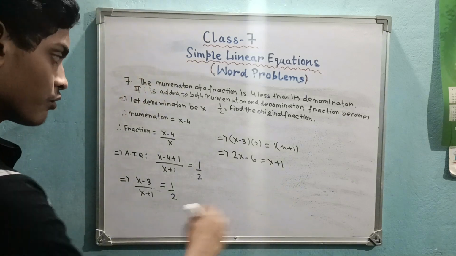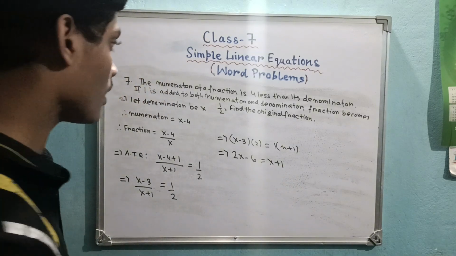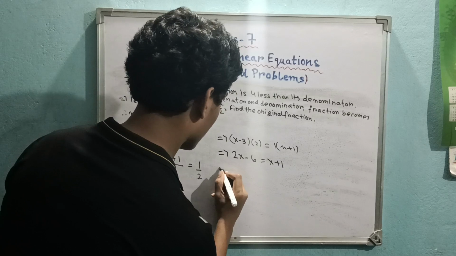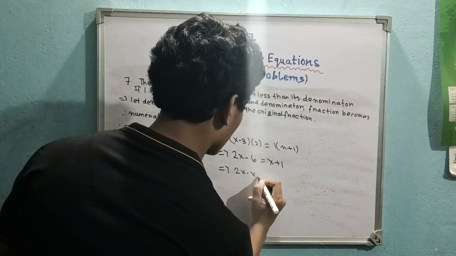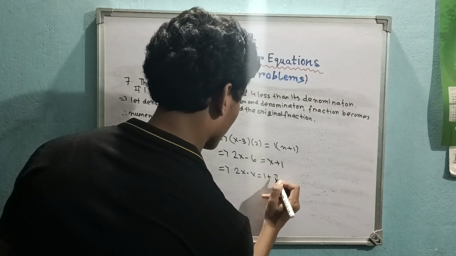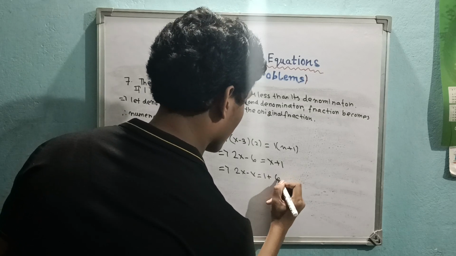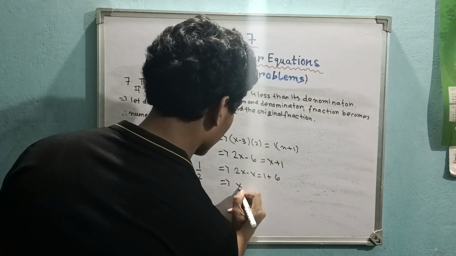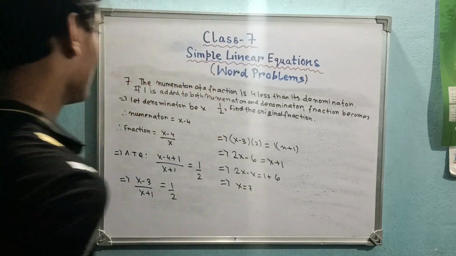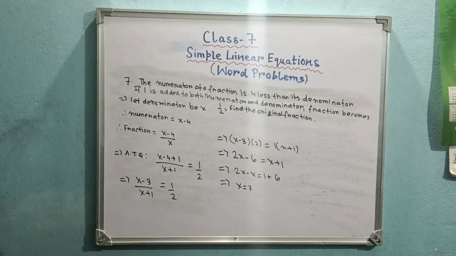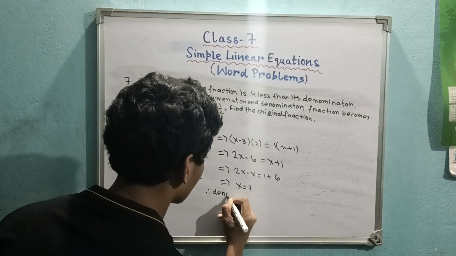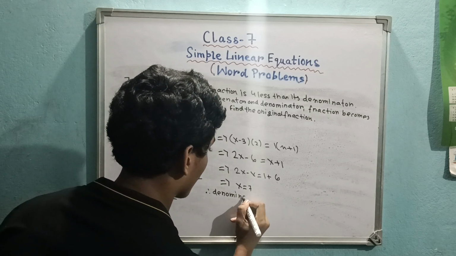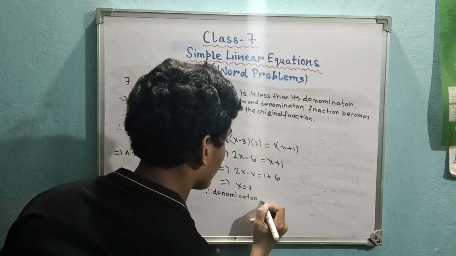Let's shift the x terms to one side and the constant terms to the other side. I can write 2x minus x equal to 1 plus 6. Or x equal to 7. So we have got the denominator here. Therefore, denominator equal to 7.